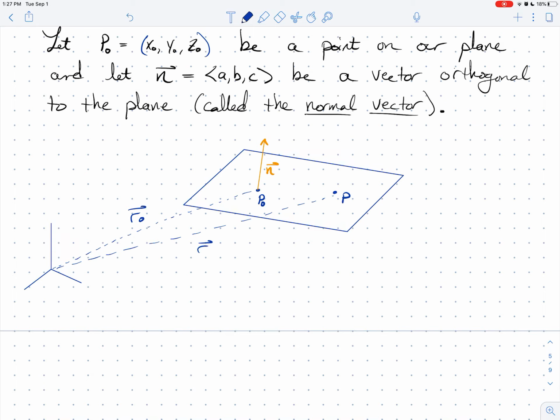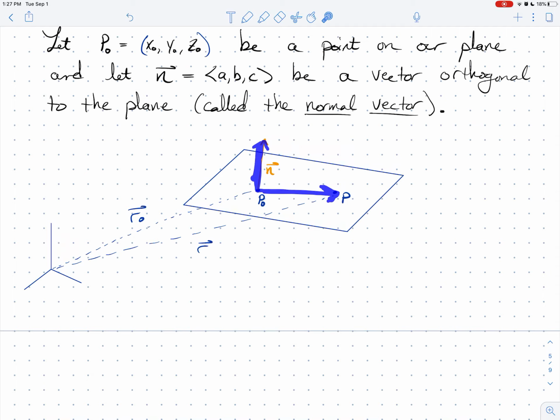And so let's think together. What does it mean for P to actually lie on our plane? Well, because it's on the plane, we can form a vector from P to P naught. Actually, we can always do that, whether or not P is on the plane. But form that vector from P naught to P. And now look at the angle between those two vectors.